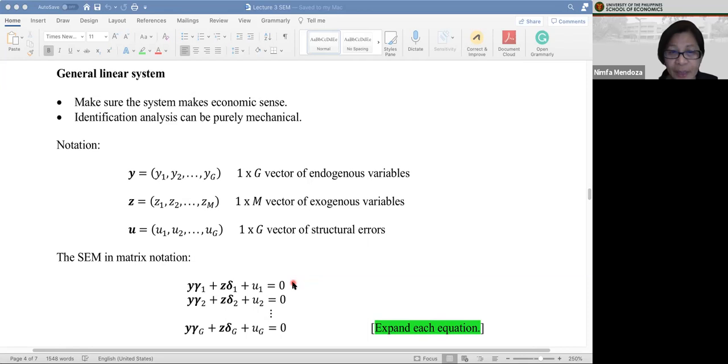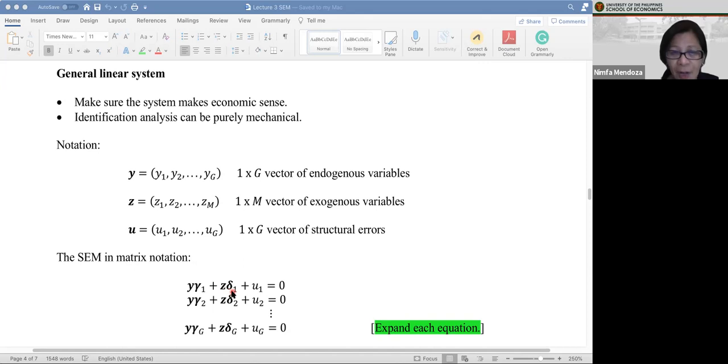Note that we have G equations here. So we have Y gamma sub 1 plus Z delta sub 1 plus U sub 1 is equal to 0. So Y here is 1 by G, so this gamma sub 1 is G by 1. So you have a parameter for each of the Y's. And then for the exogenous variables, you have M of them. This is a 1 by M vector.